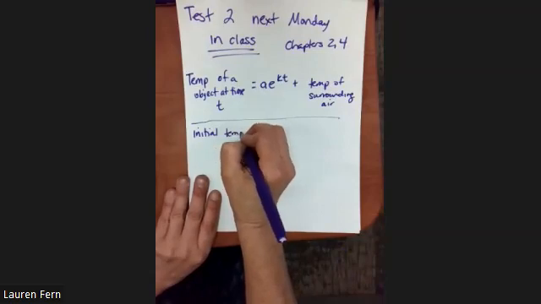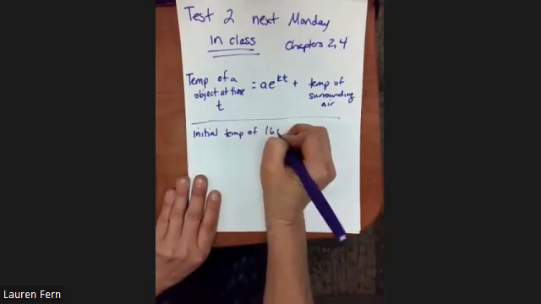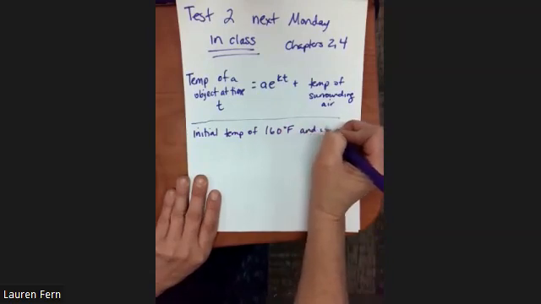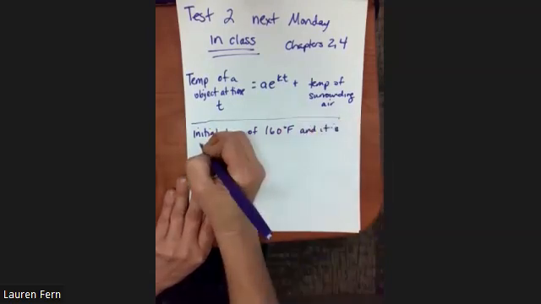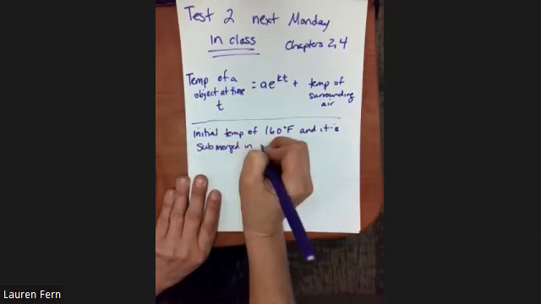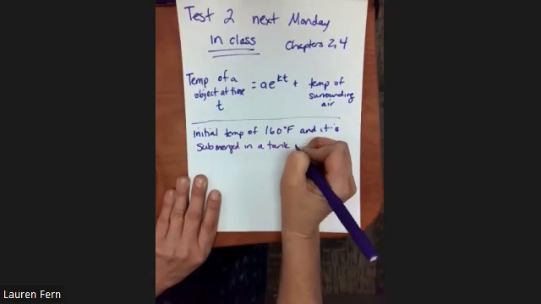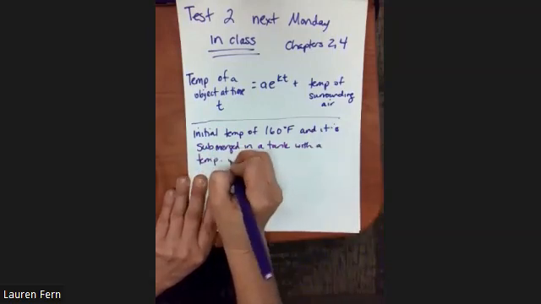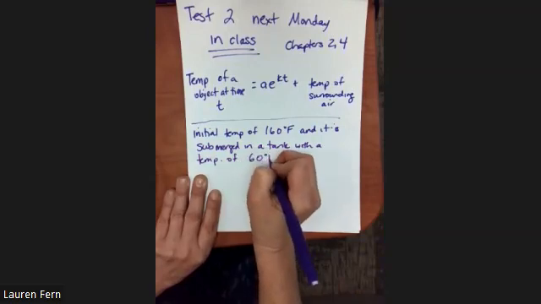Suppose something has an initial temperature of 160 degrees Fahrenheit, and it is submerged in a tank with a temperature of 60 degrees Fahrenheit.